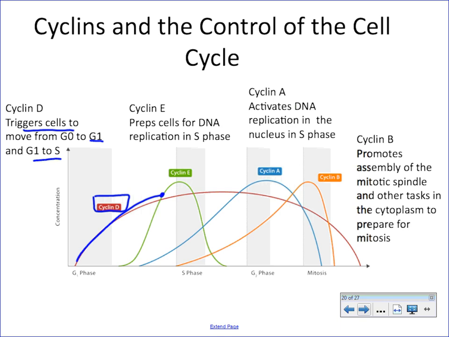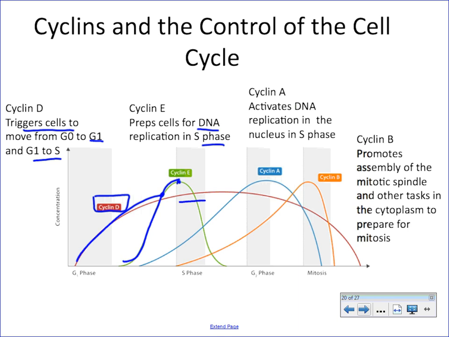As cyclin D increases, there is another cyclin that starts to increase, cyclin E, and cyclin E will help prep the cell for replication in the S phase. So cyclin E will allow the cell to continue moving into the S phase.